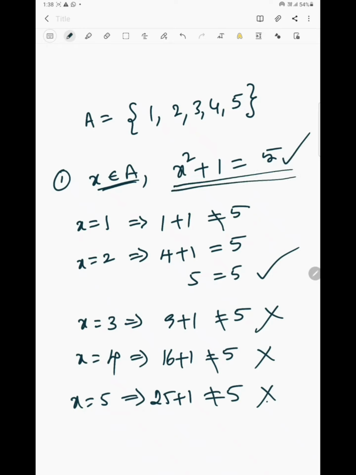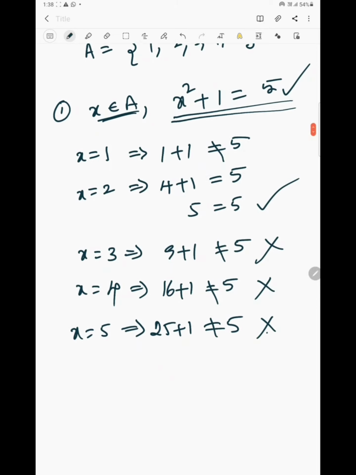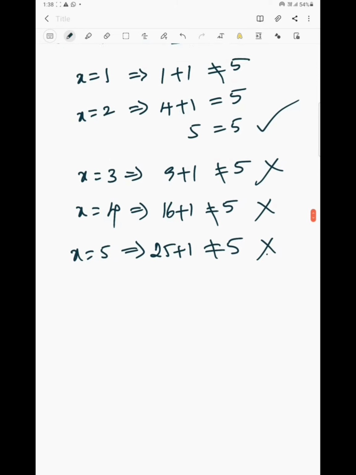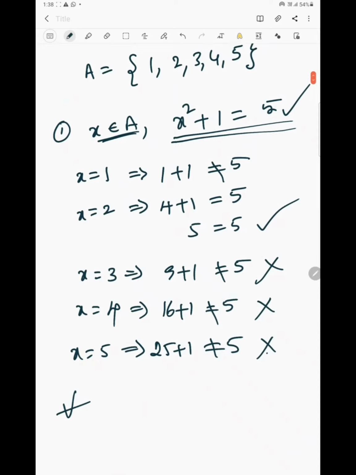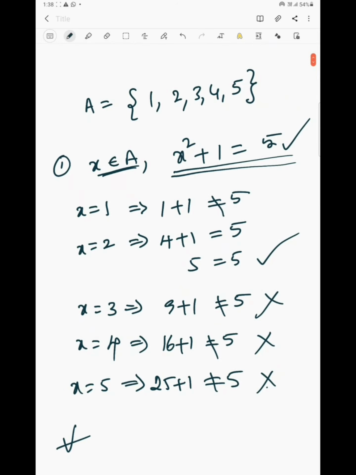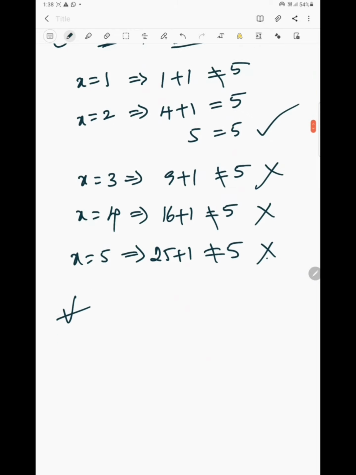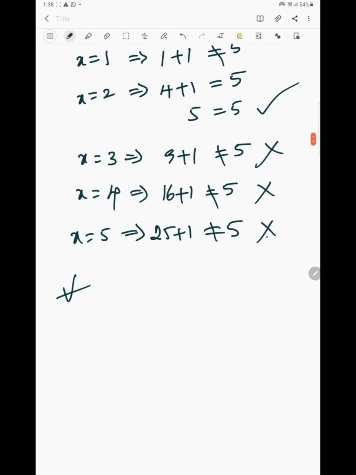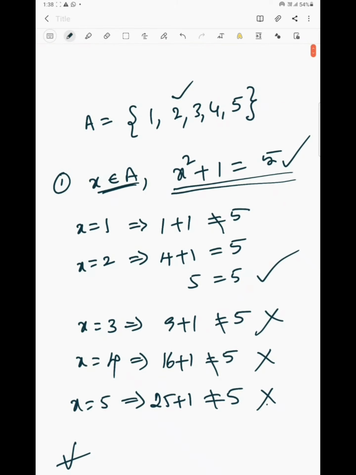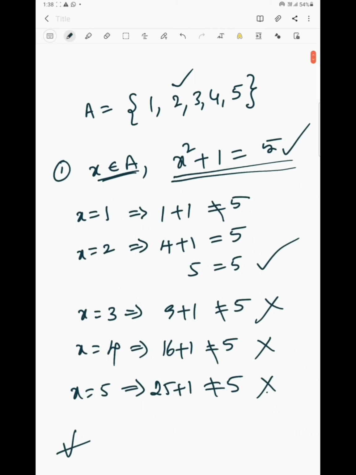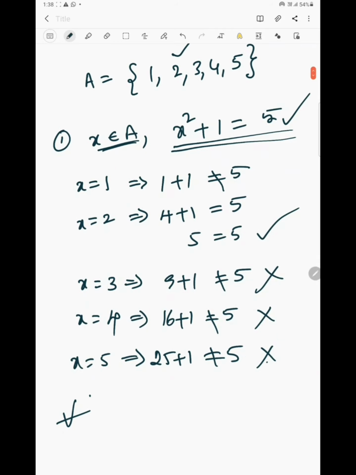Correct? What is the meaning now? Which quantifier do we have to use? For all means it should take all the values given in the set A. But it is taking only one value, that is 2. Means there exists at least one value which satisfies the given statement. So symbolically how do we write? We cannot use the for all symbol here. Why?